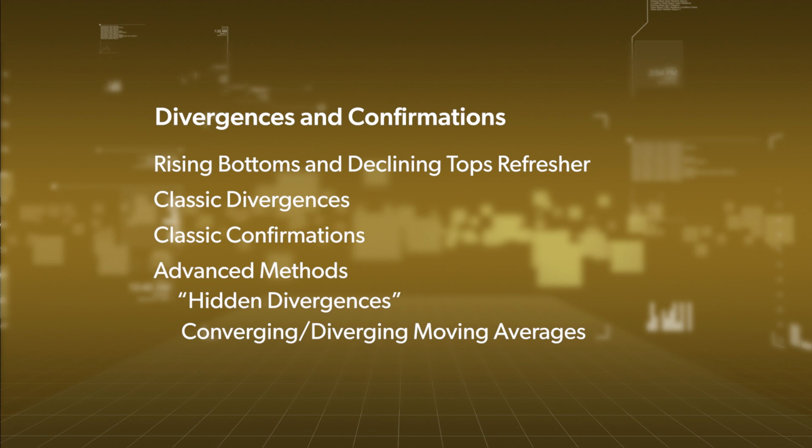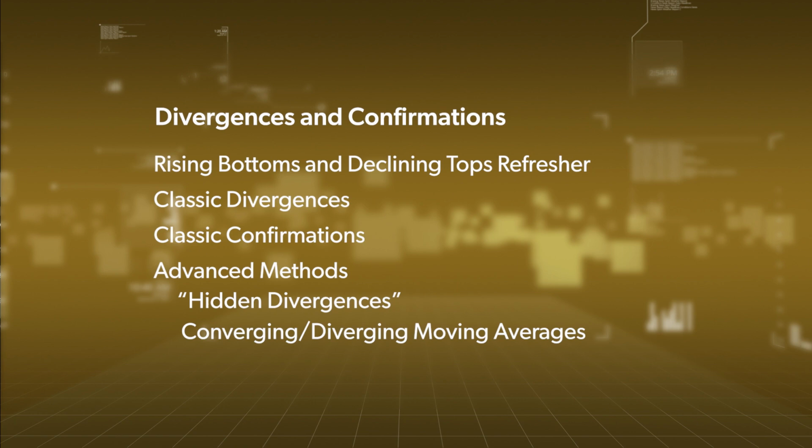We looked at classical divergences, and that was where you started with the indicator using rising bottoms, declining tops, using those valid trend lines. We started with the indicator, and then we looked at price.